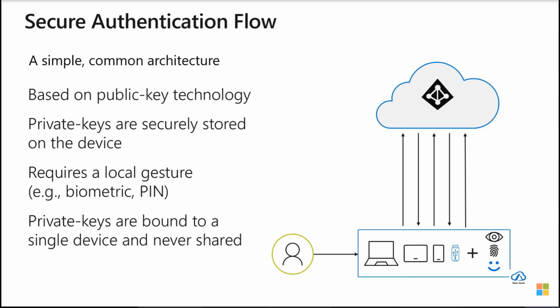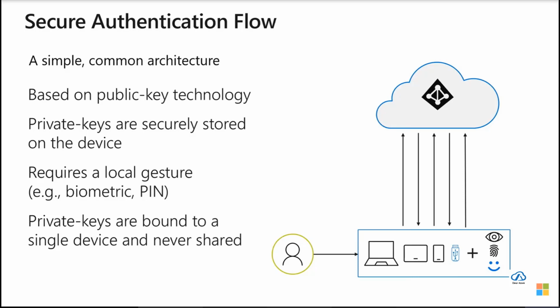Private keys are securely stored on the device, and then you require some kind of gesture to be able to unlock these keys. Private keys are bound to a single device, and that is something which never gets shared with any other device. So that's something which is bound to a single device, and of course, you have the ability to unlock it. That's the simple fundamental based on which this works.